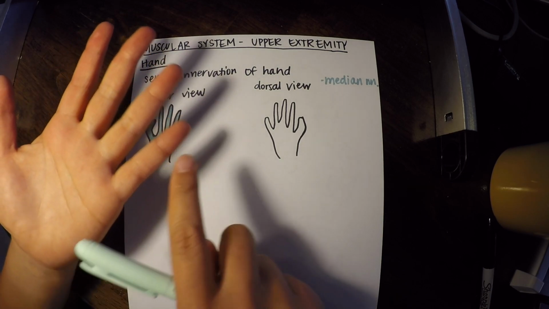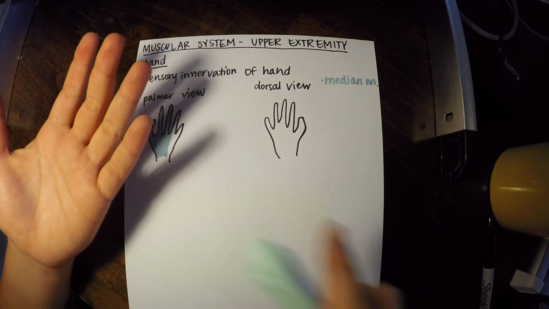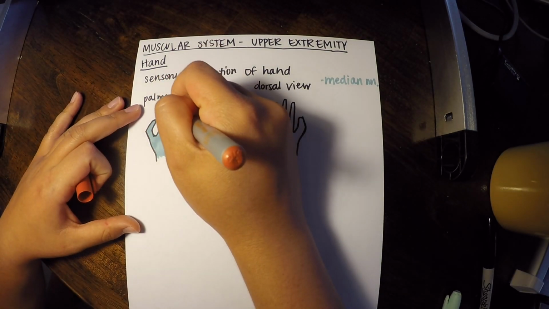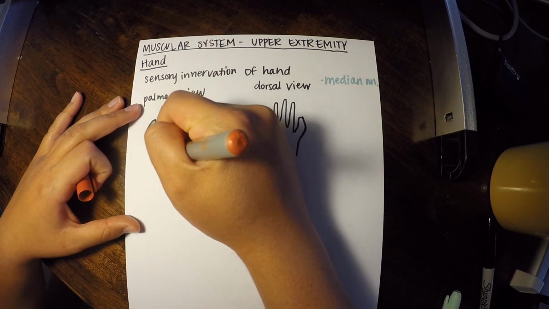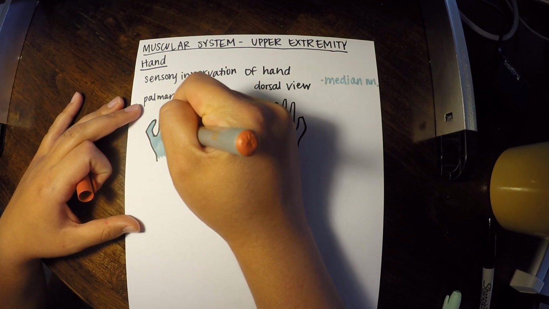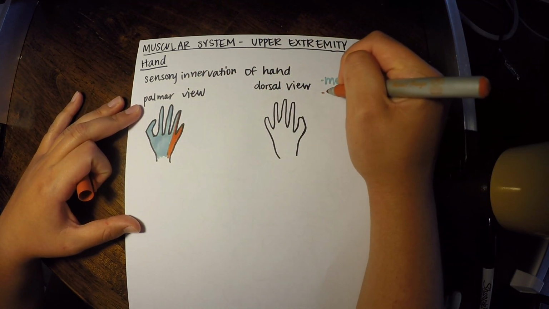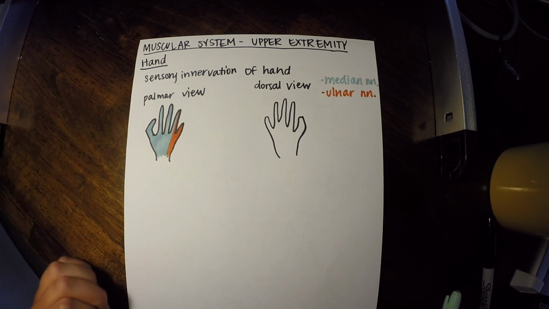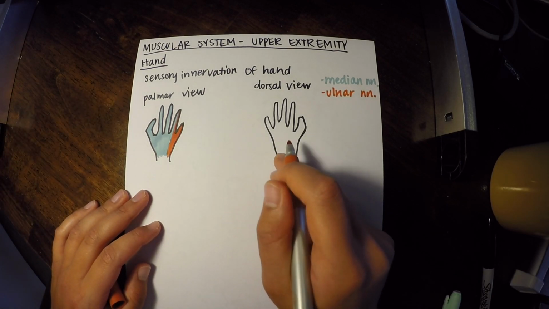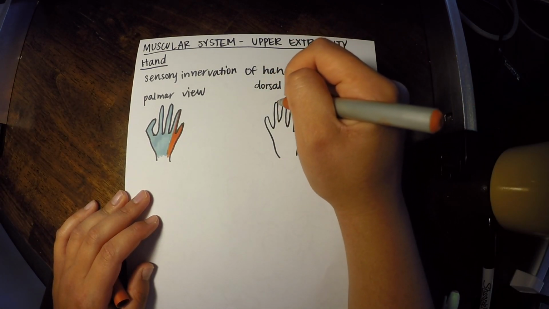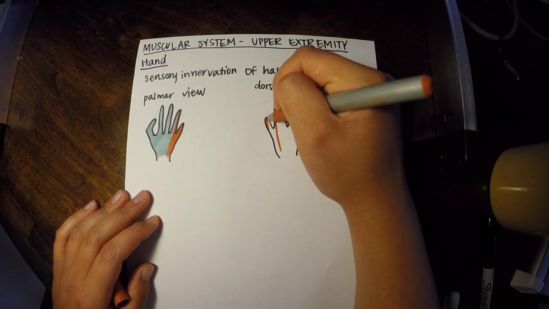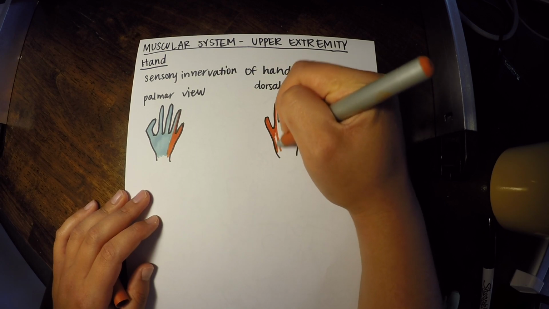And the other half of the fourth digit and the fifth on the palmar side is going to be the ulnar nerve. And it's actually going to be the same way for the dorsal view, so it's going to get half of that fourth finger as well as the fifth finger, the pinky.